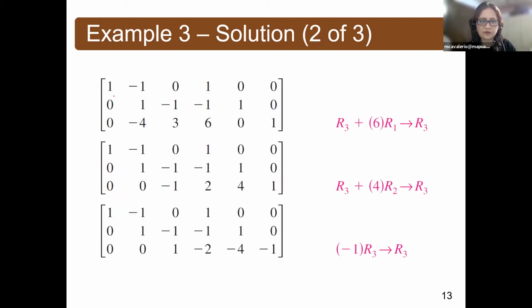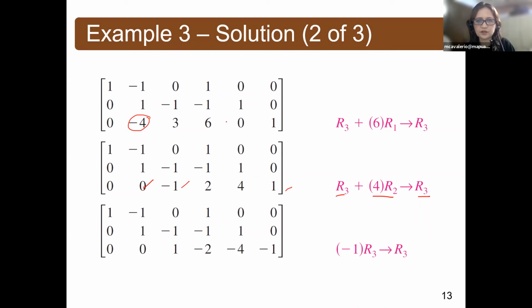So now we have 1, 0, 0, 1. We need to convert this entry to 0 now. If we multiply row 2 by 4 and add it with row 3 to give us the new third row, then 4 plus negative 4 will be 0. 4 times negative 1 is negative 4 plus 3, you have negative 1.